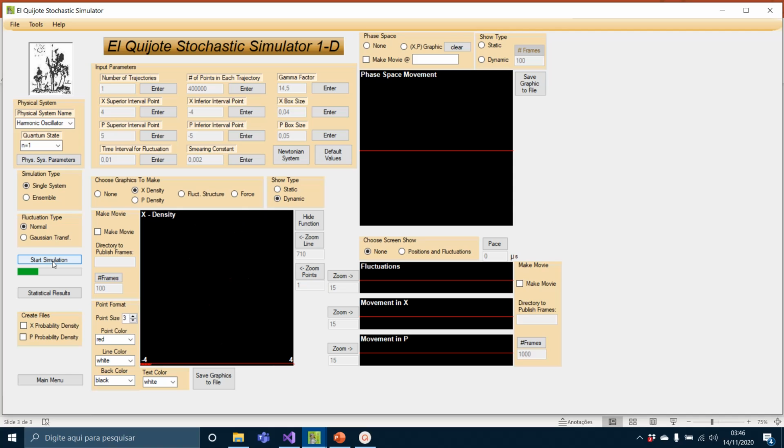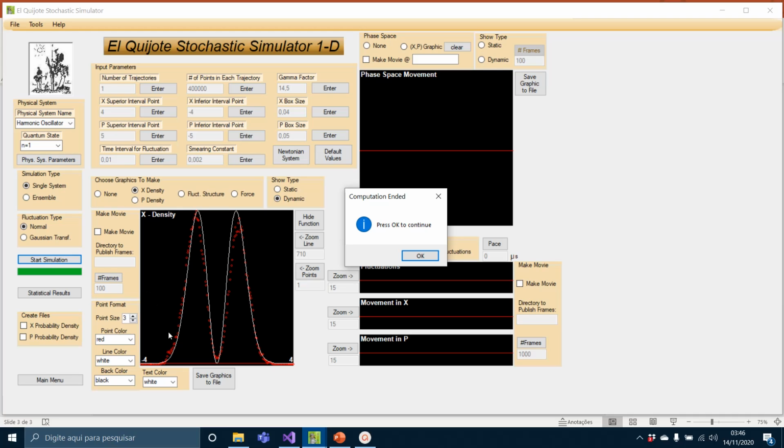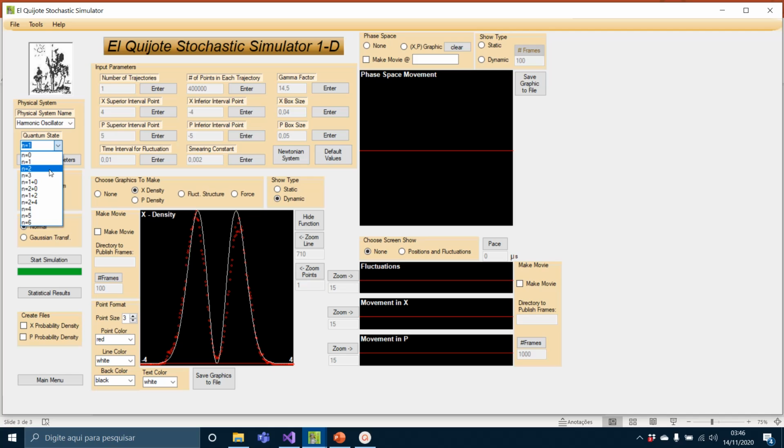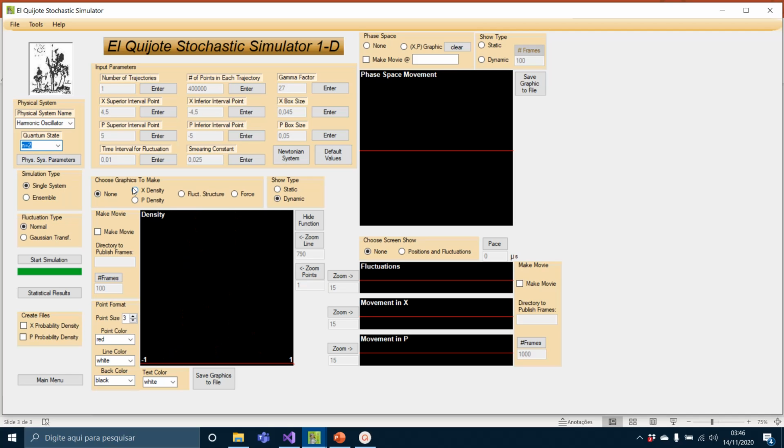The particle begins to fulfill the configuration space cells, and when it does that, it makes appear the result of the probability density function in configuration space, which is related to the first excited state. We can do the same thing for the second excited state.